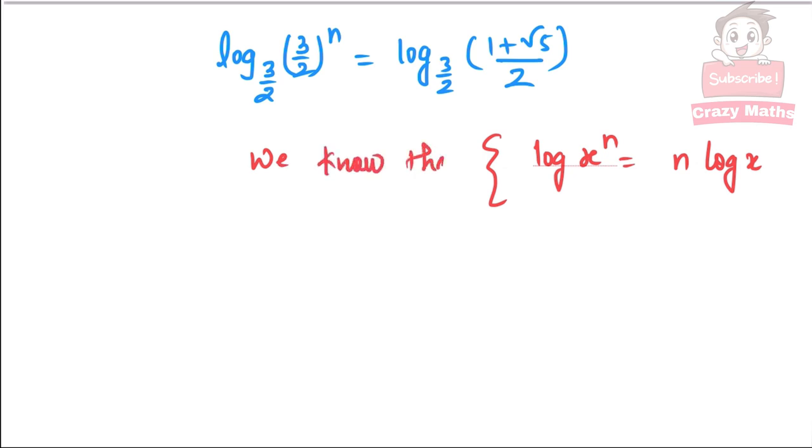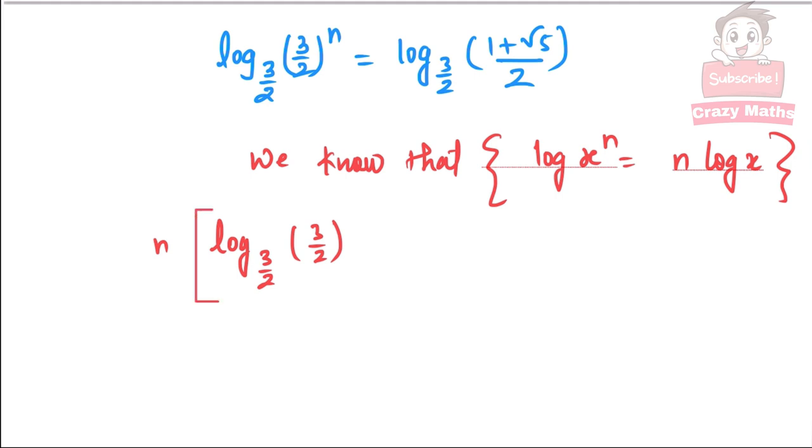Then it will become n log base 3 by 2 of 3 by 2 equal to log base 3 by 2 of 1 plus root 5 whole upon 2.